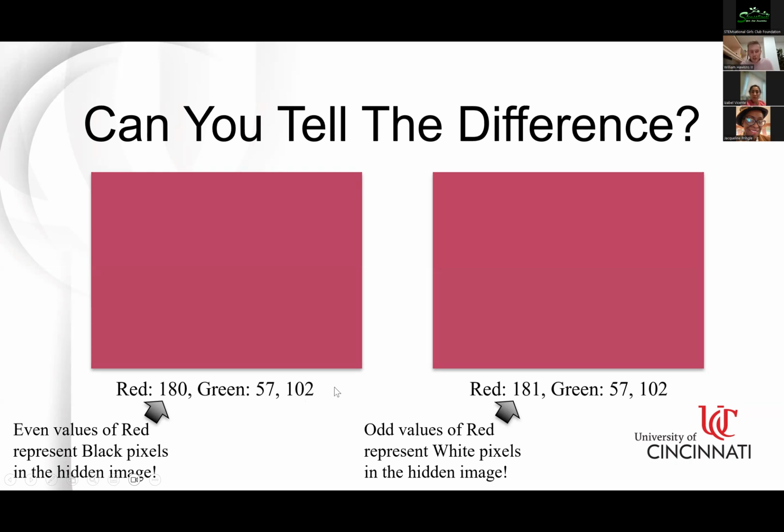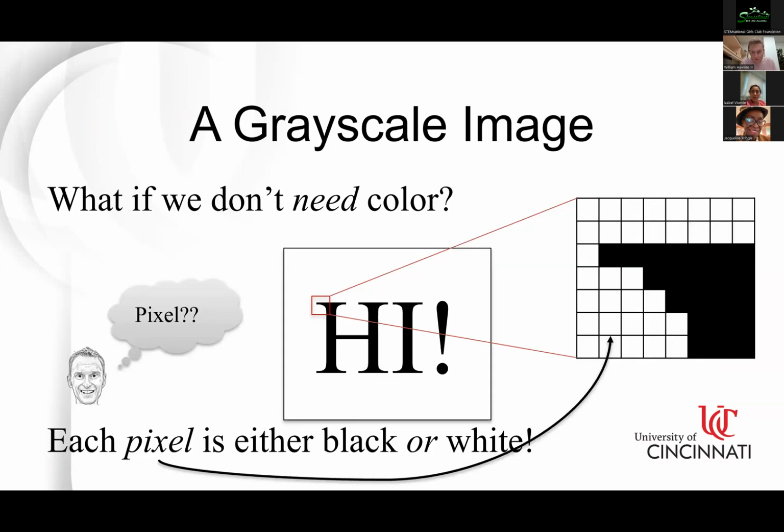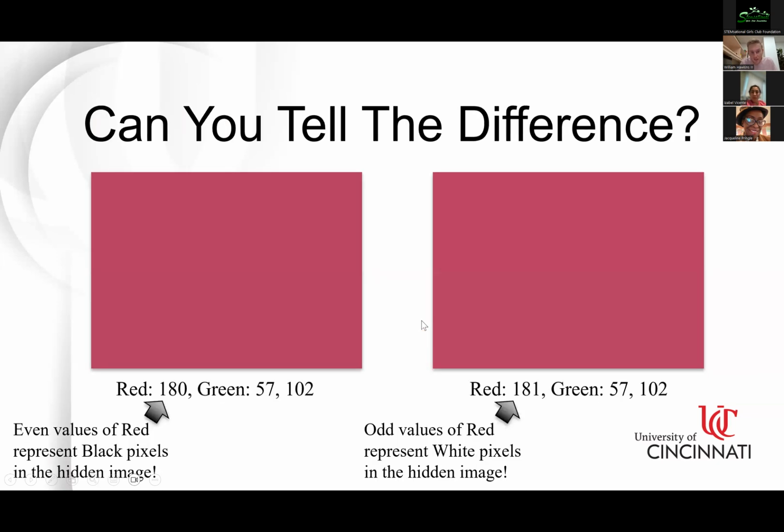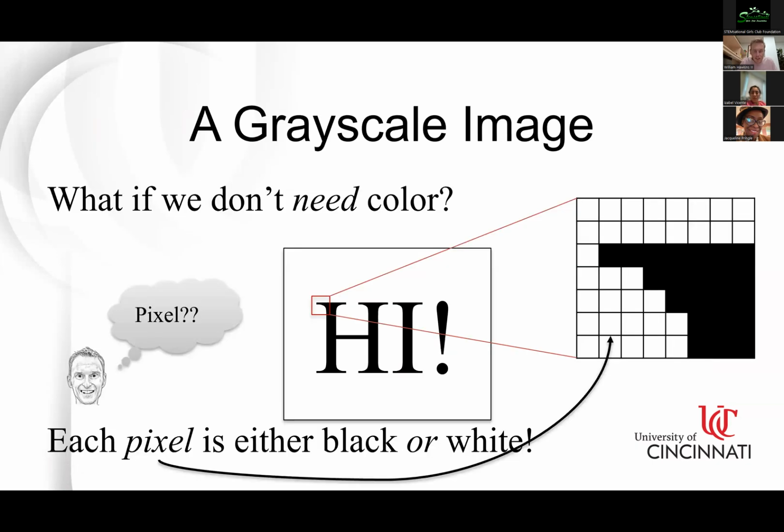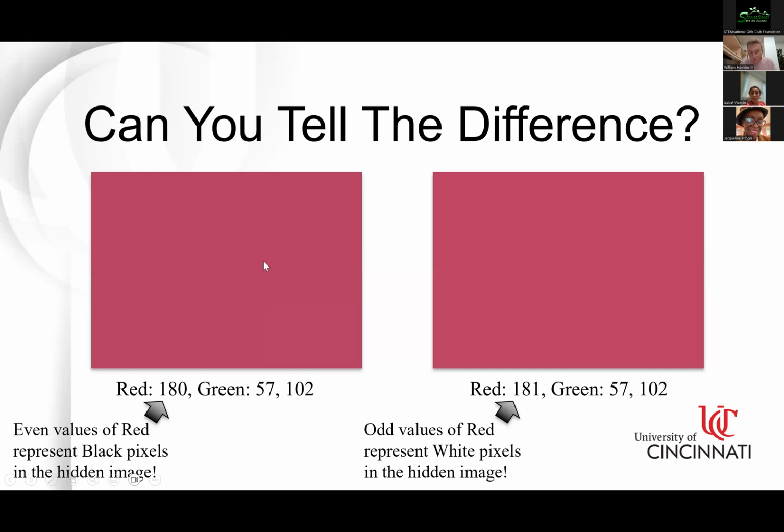So here's what we're going to do. We're going to say, I want to hide this high image in this other image over here. Well, what I'm going to do is, if my high image has a black pixel, then I'm going to take the amount of red in the original image, and if it's an even number, then I'm going to leave it as an even number.